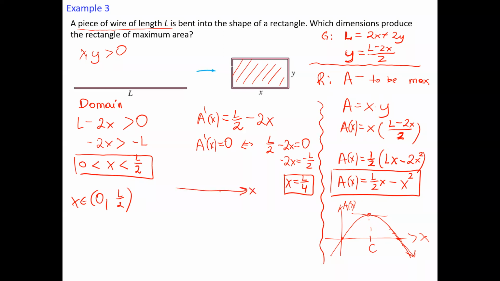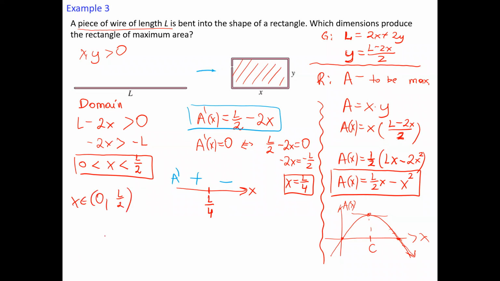Let's double check that is maximum. L over 4. I will test the sign of the derivative because sign of the derivative is telling us a lot. If we substitute, like for instance, L, L over 2 minus 2L, it's negative. And when we substitute, for instance, small number, almost 0, it will be positive because 2 times 0.